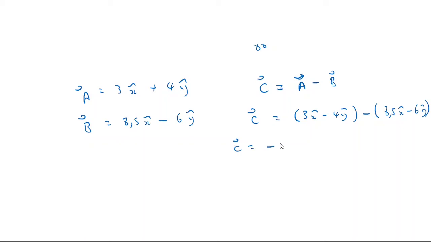So it ends up being 5.5x. And then this is going to be minus 4. Is it minus? Yes, it's minus. So it's going to be minus plus minus, which is positive. So it's like saying minus 4 plus 6, which is plus 2y.